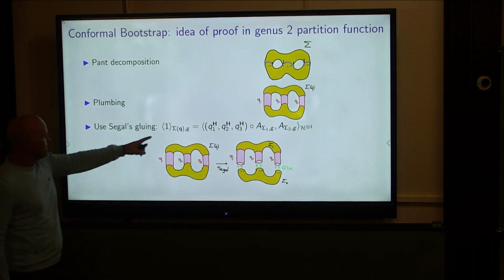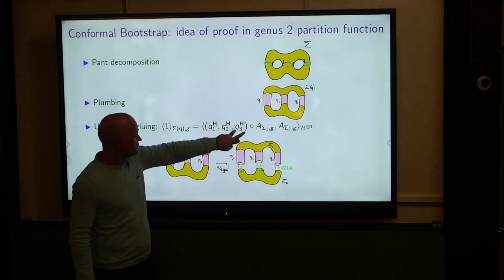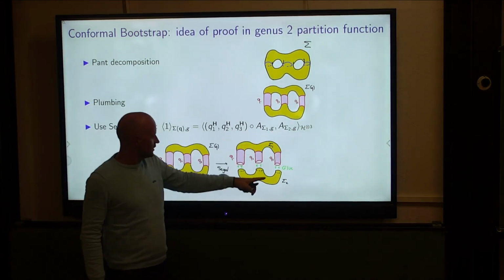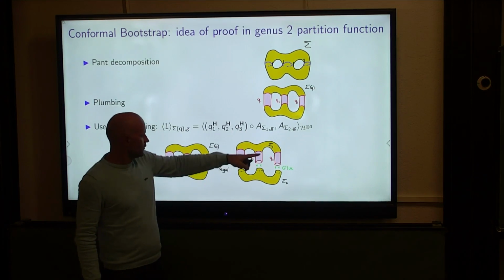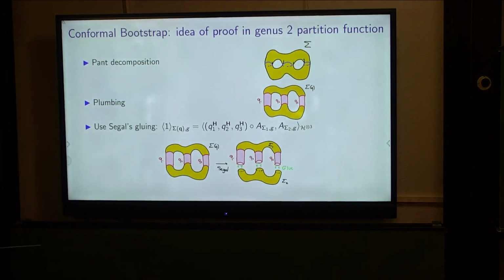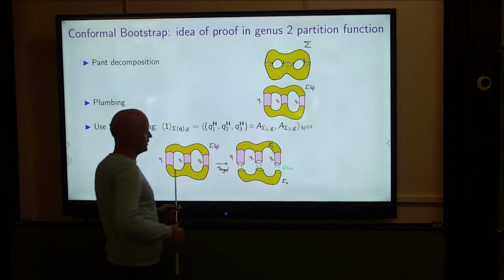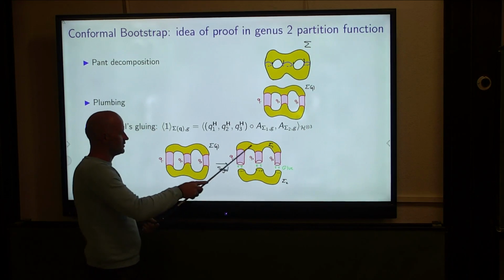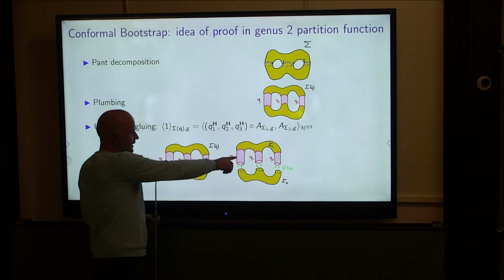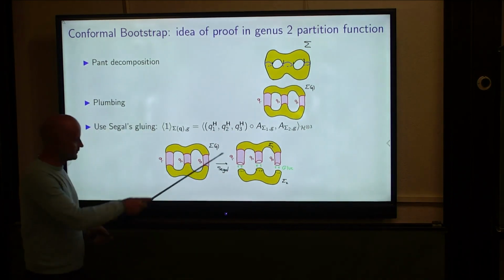So by Segal gluing, you know that the partition function is the pairing of these two amplitudes, one attached to sigma 2, and one attached to this whole surface here. And again, Segal tells you that this amplitude on top is the composition of the amplitude on sigma 1, the orange one, composed with the amplitude of the cylinders.